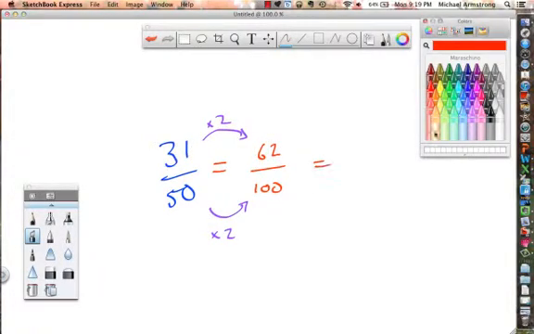So 62 out of 100 is 62%. You guys are getting the idea. I can see this. The hardest ones are going to be those ones that go up to 1,000 or something like that.